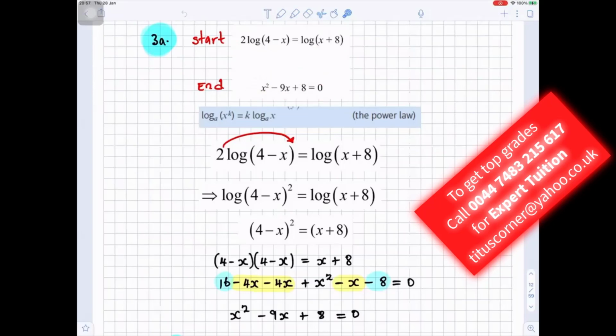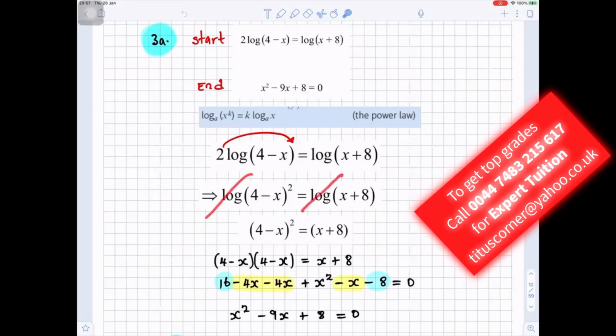So we're going to use this formula, the power law. Log of x to the k to the base a is equal to k log x to the base a, where the k comes in front. So we want to take this 2 to the front. So it becomes log 4 minus x all squared is equal to log x plus 8.